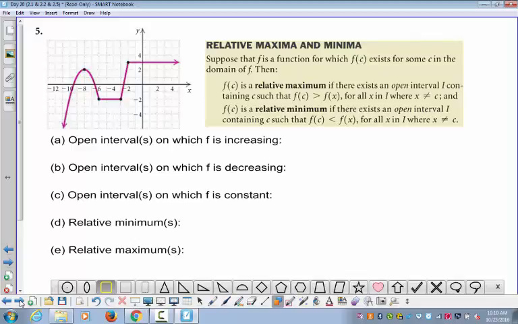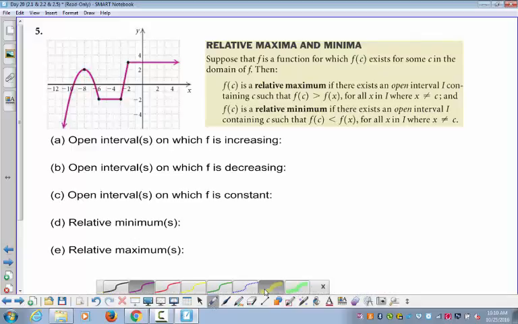So what that says, the breakdown of that, we're looking right there, intuitively say, oh yeah, there's a relative max there. So the relative max value is 2, and it's occurring at -8. And it's satisfying this definition. This is a really important subtlety here. So there's an open interval containing c. So when we look down here, there's an open interval containing -8, right?